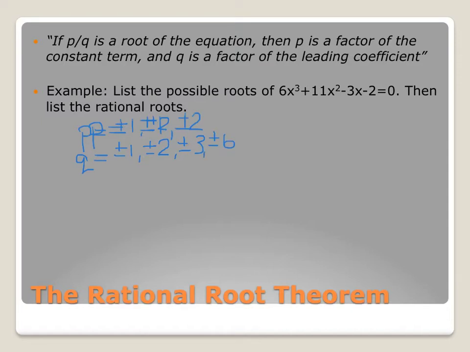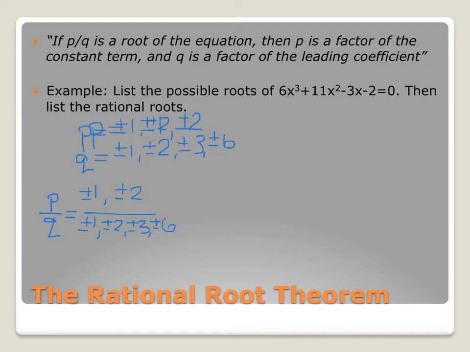Now to list our rational roots, that's where our p over q comes into play. Here this would be positive and negative 1, positive and negative 2, all over positive and negative 1, positive and negative 2, positive and negative 3, positive and negative 6.